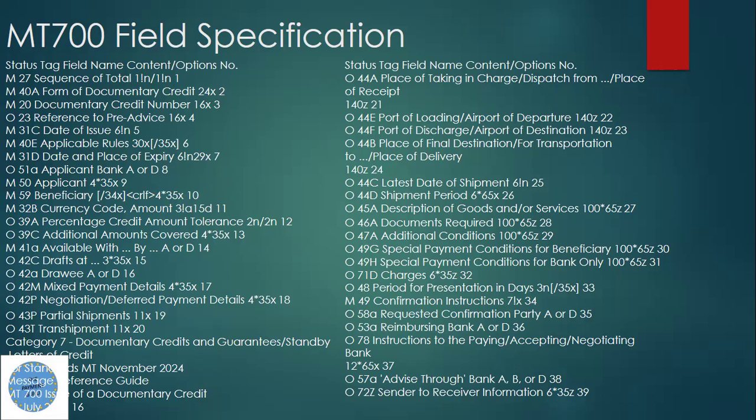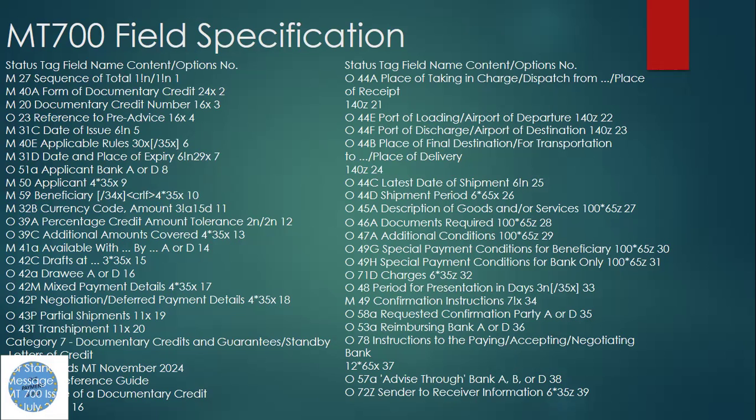And then the next field is field 20, which is the documentary credit number, which is issued when the letter of credit is generated. It is also a mandatory field. Now, there are optional fields like 23, which is a reference to pre-advice, which supports up to 16 characters of the X character set.